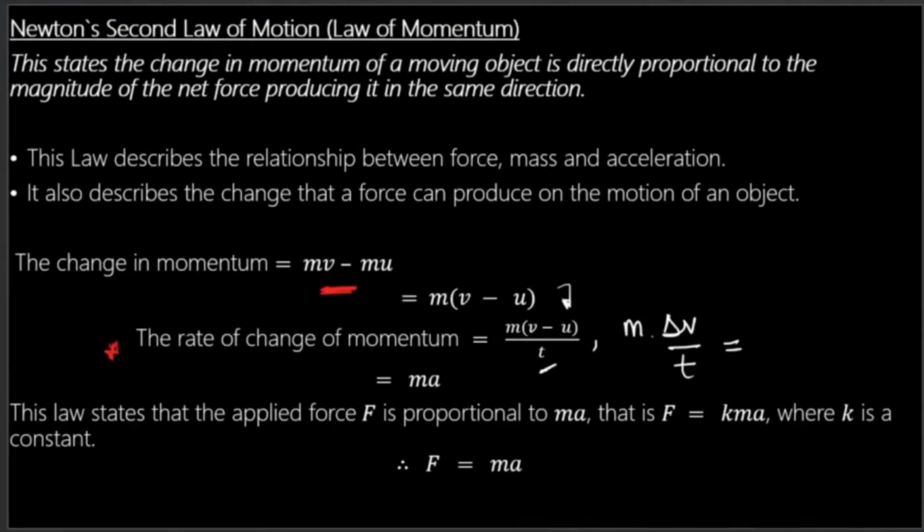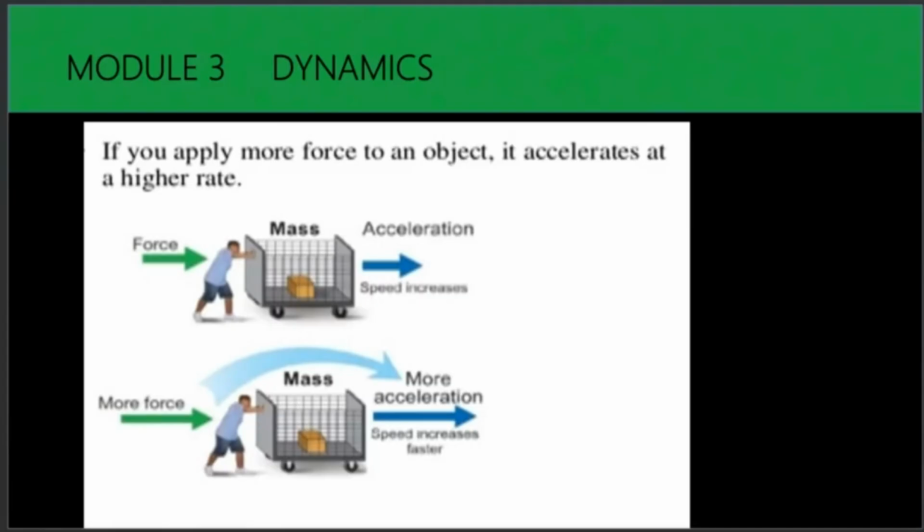So the rate of change of momentum can also be referred to as the accelerating force, which is mass times acceleration. So the law states that the applied force is proportional to what? To the mass multiplied by the acceleration. So this is the formula for Newton's second law of motion. If you apply more force to an object, it accelerates at a higher rate.